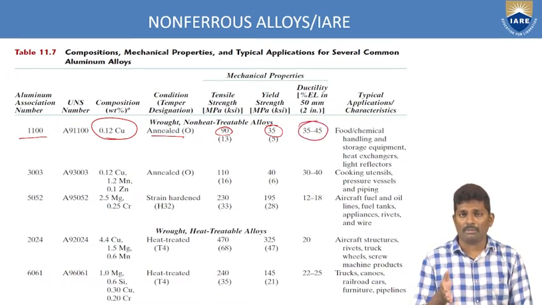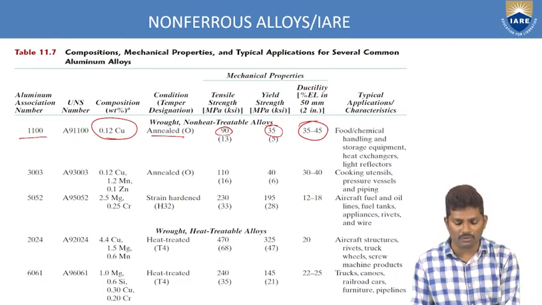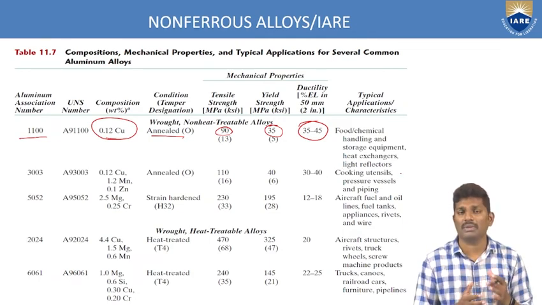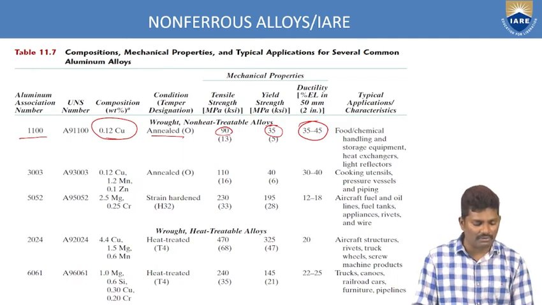So now what applications can we use this aluminum for? Food chemicals handling and storage equipment, heat exchangers, light reflectors. So these are some of the applications where the weight is very low. In those types of applications, we are going with this type of material. In the same way, if you go with 5052, again you have magnesium as 2.5% and 0.25 of chromium.